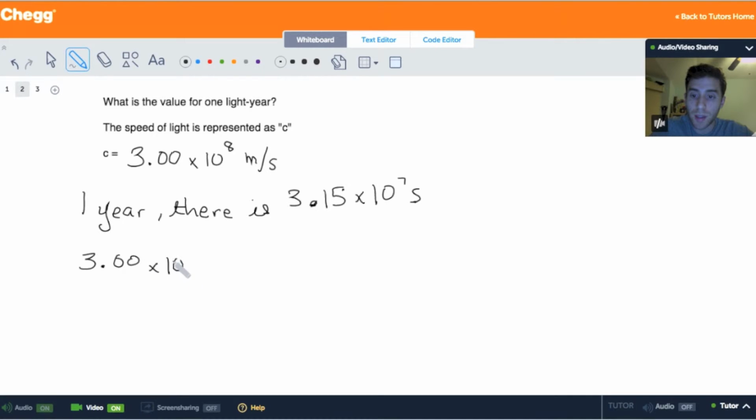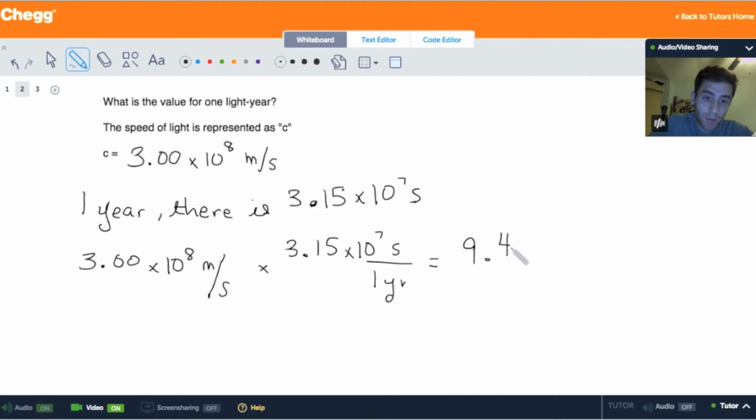So if we do 3.00 times 10 to the 8th meters per second times 3.15 times 10 to the 7th seconds in 1 year, we get 9.46 times 10 to the 15th meters per year. And that's how many meters that light will travel in 1 year.